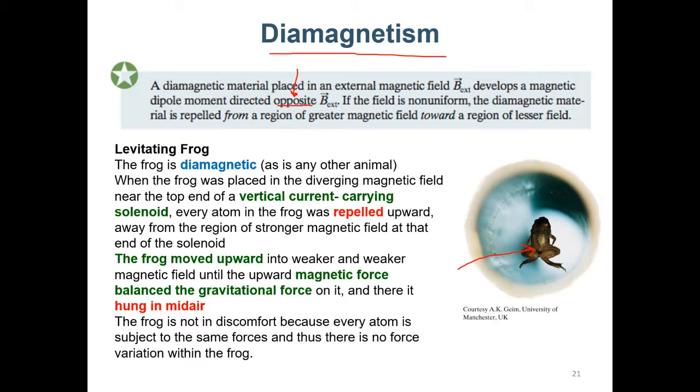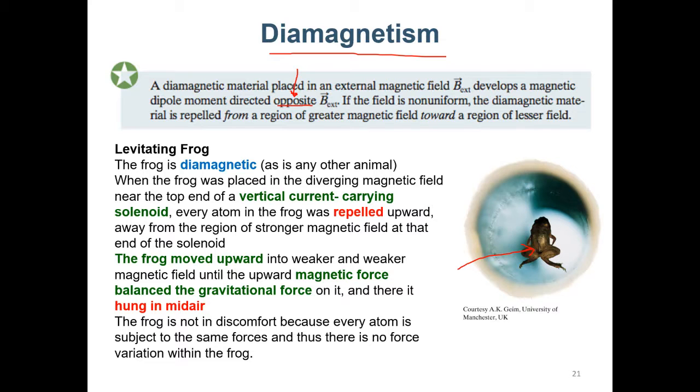So in this case, you will observe that the frog is floating mid-air. The frog moves upward into weaker and weaker magnetic field until the upward magnetic force balances the gravitational force.